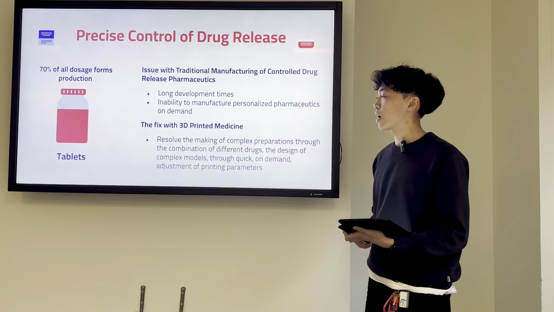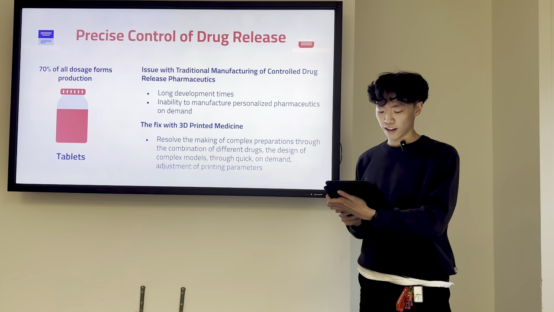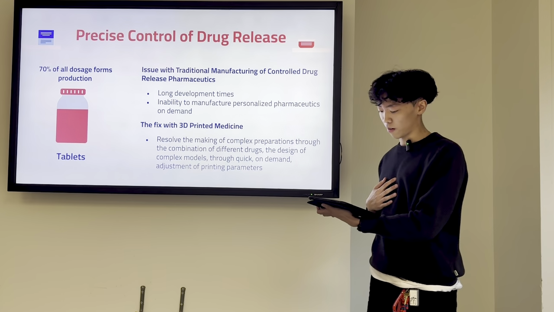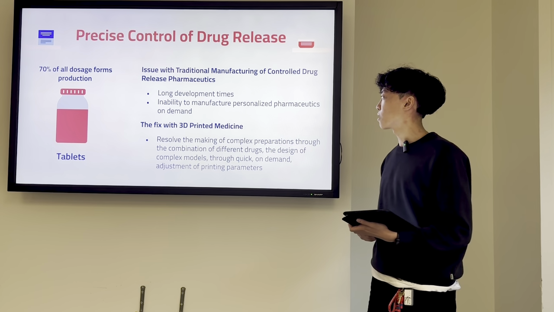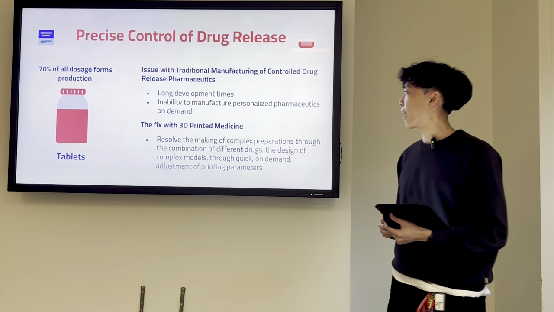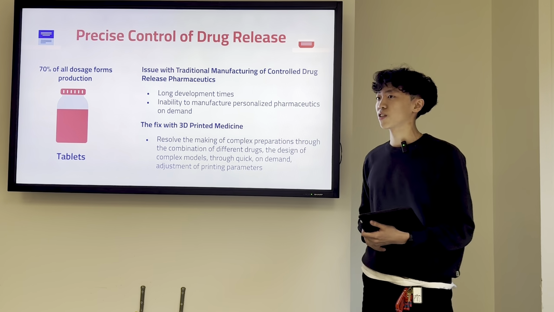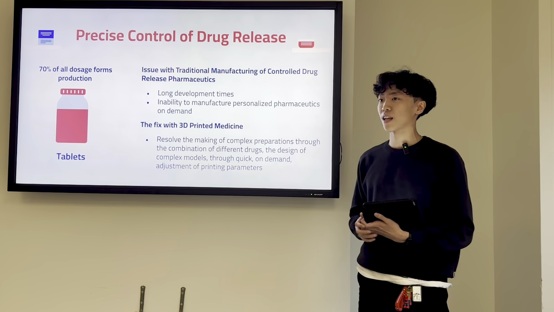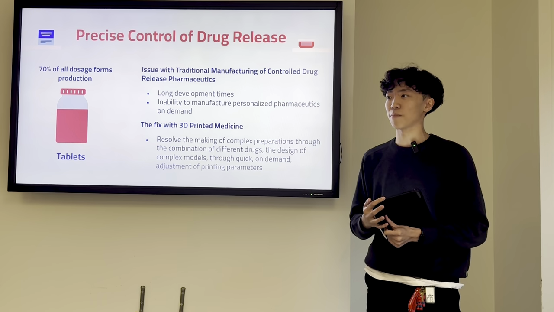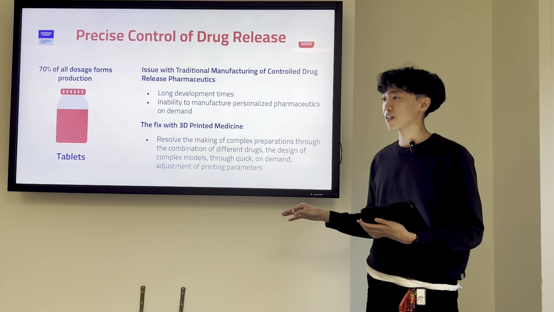And then it also has precise control of drug release. Drug release formulations are really complex, and that's why big pharma companies take a long time to develop them. Since the machinery is so large, it's hard to manufacture personalized pharmaceutics on demand because it would waste a lot of resources on that small group that needs it.